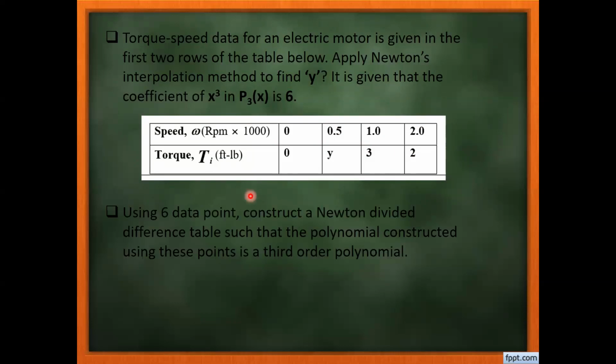So do it wisely. Using 6 data points, construct a Newton divided difference table such that the polynomial constructed using these points is a third order polynomial. Now you need to choose 6 data points and construct a Newton divided difference table, but that's a little challenging problem. It should be such that the polynomial constructed using these points is a third order polynomial.